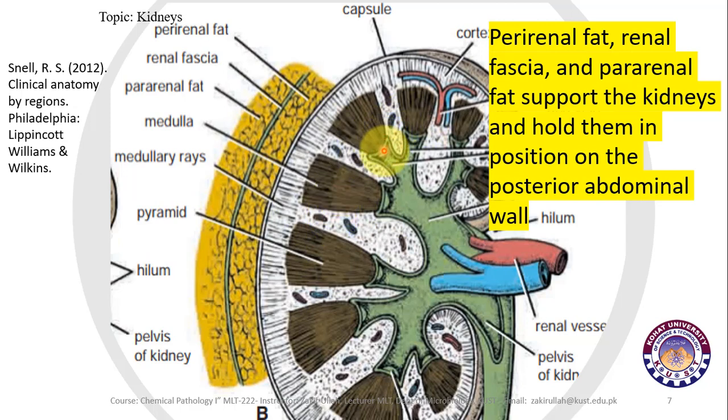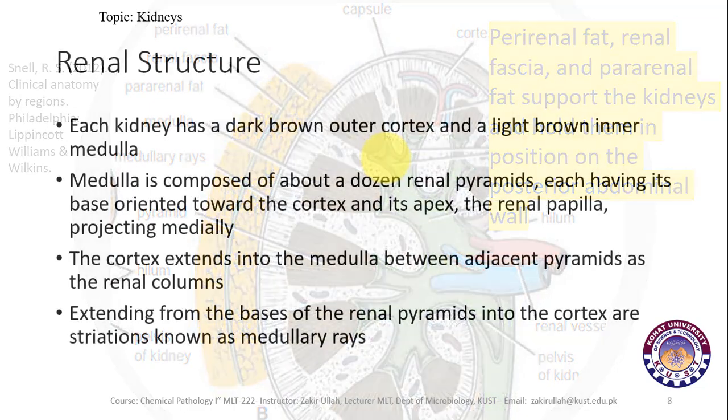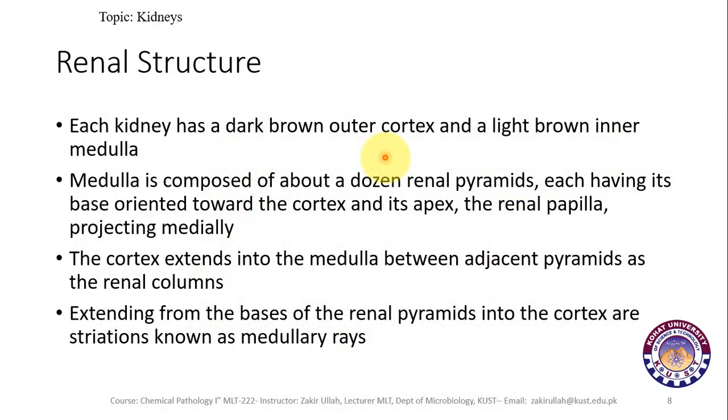This is their apex and this is the base. So the base is connected with the renal cortex, and the apex is connected with the renal papilla. So the cortex extends into the medulla between adjacent pyramids as the renal columns.